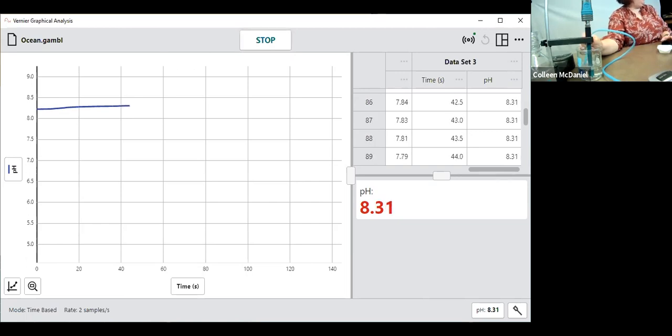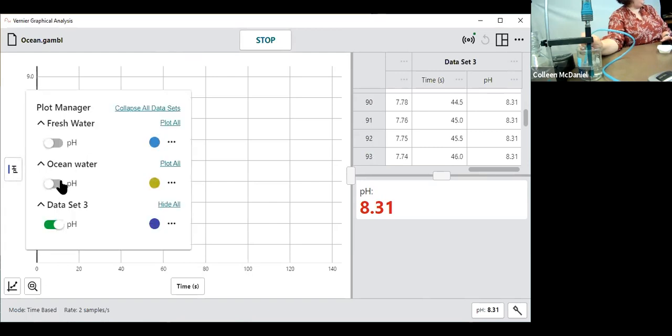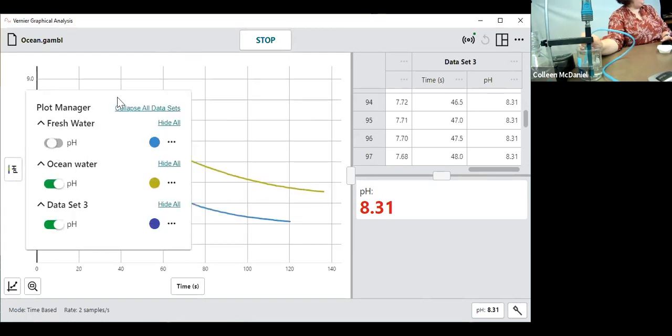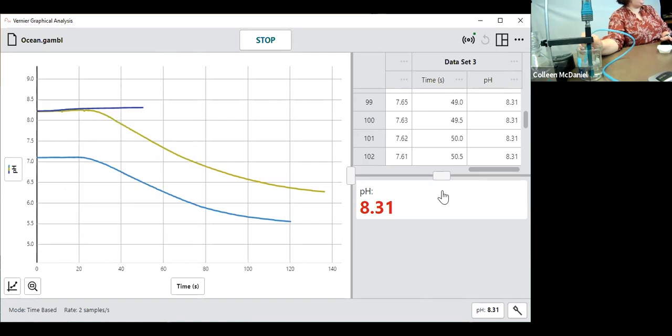And if I pull up my other two graphs here, you can see right away there is a dramatic difference taking place when I add excess CO2 versus when it's just atmospheric levels.